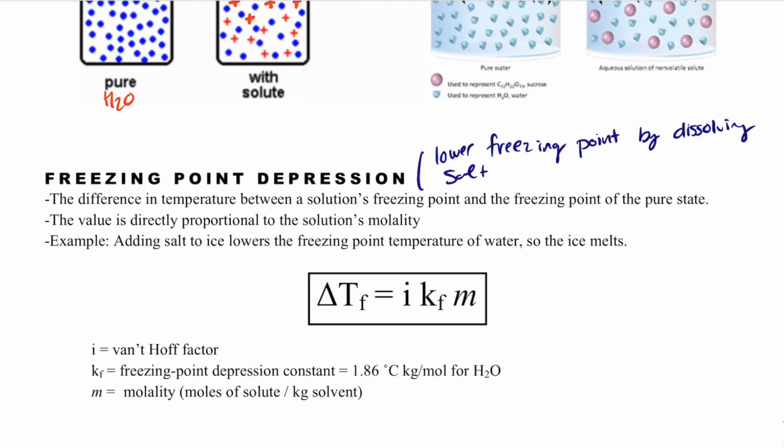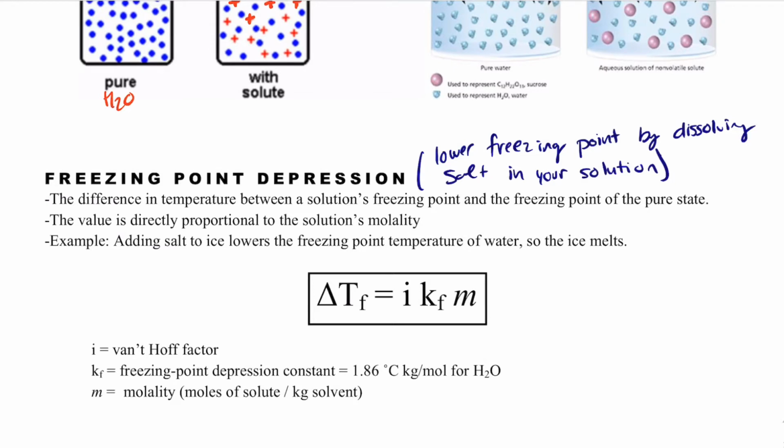Typically, it can be a non-ionic compound like sugar, but it's typically by dissolving salt, some sort of ionic compound, in your solution. So we see this all the time, when there's a snowstorm, typically the roads get icy because it gets cold, and with the snow and rain mixture the roads can get icy.